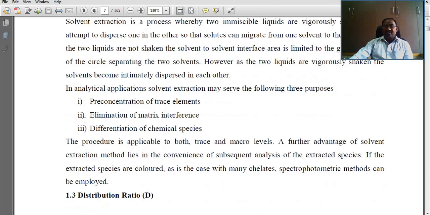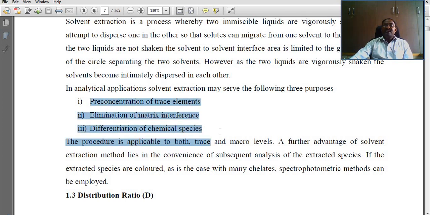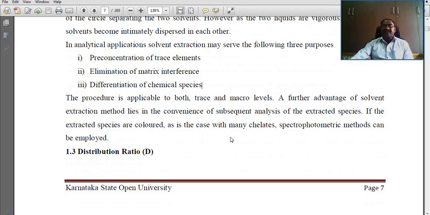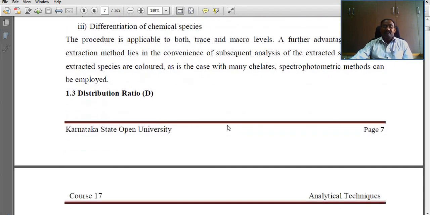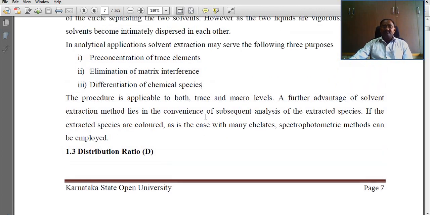In analytical applications, solvent extraction may serve the following three purposes: freeing concentrations of trace elements, elimination of matrix interference, differentiation of chemical species. The procedure is applicable to both trace and macro levels.